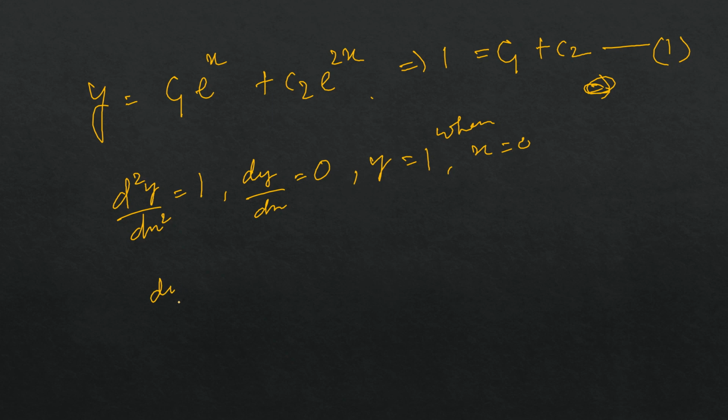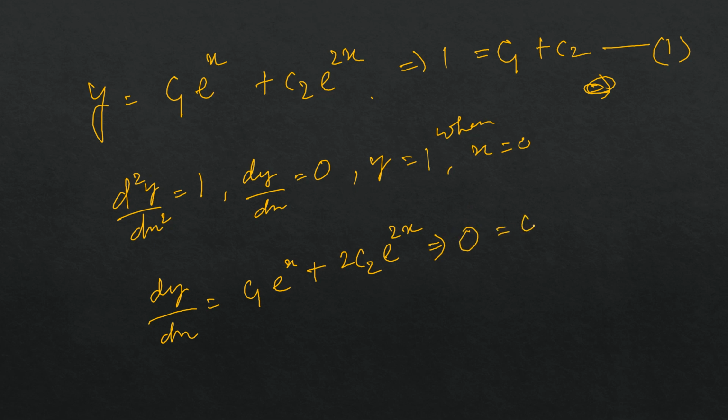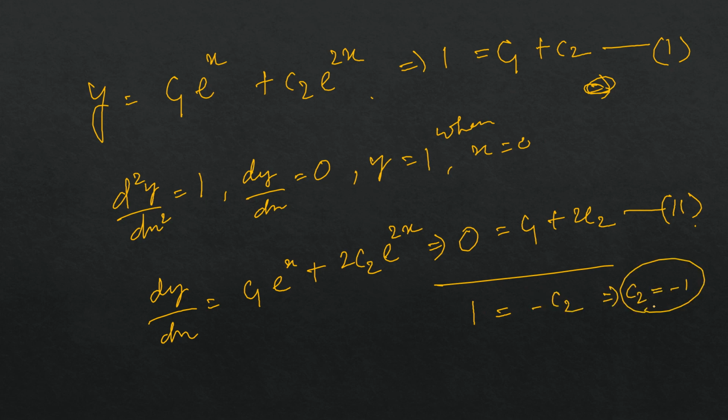Now dy by dx will be c1 e to the power x plus 2c2 e to the power 2x. So dy by dx is 0 when x is 0: 0 is equal to c1 plus 2c2. That is equation 2. Okay. If we subtract equation 1 and 2, we will get 1 is equal to minus c2. So c2 is equal to minus 1.